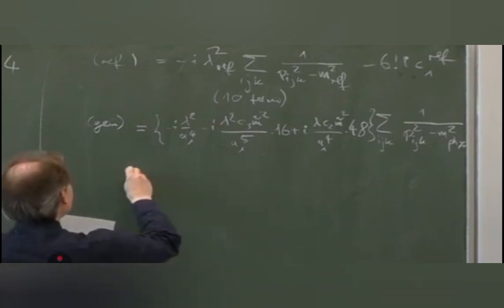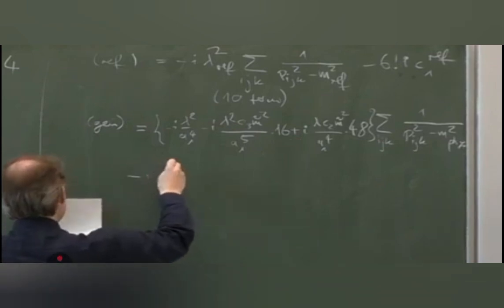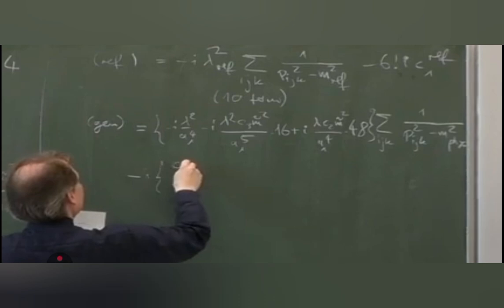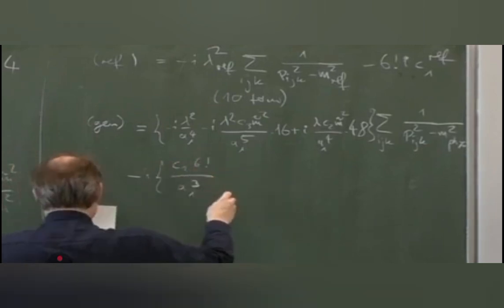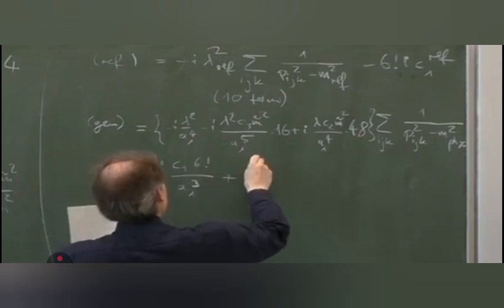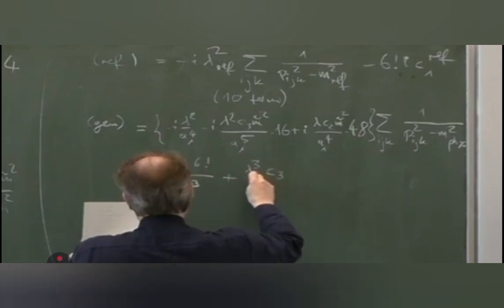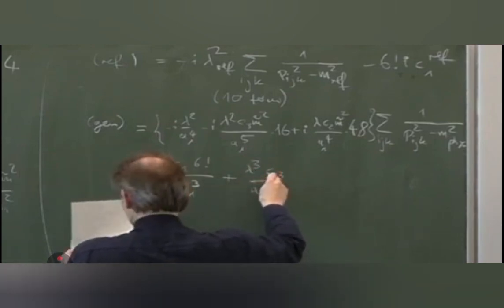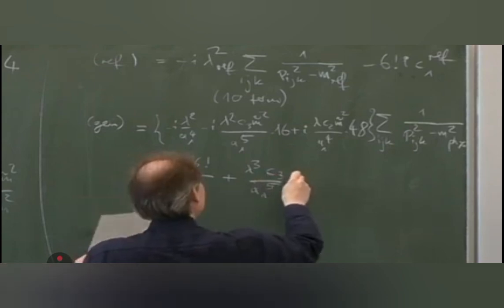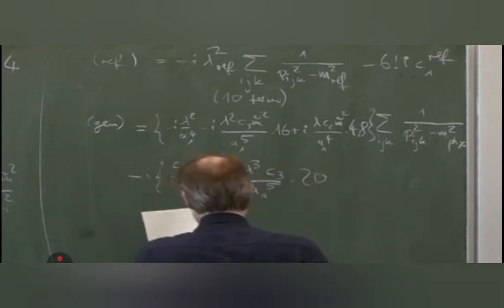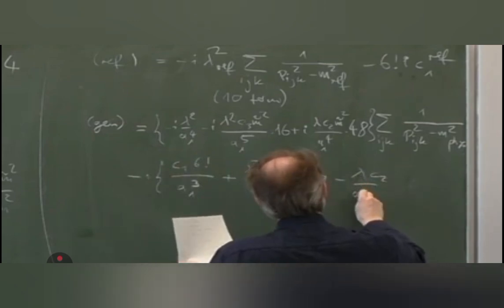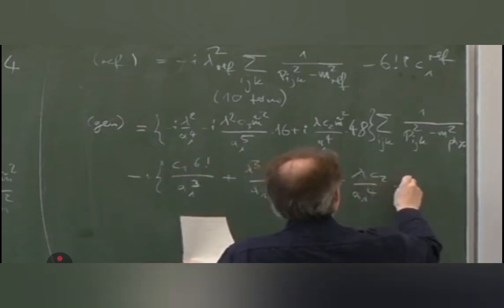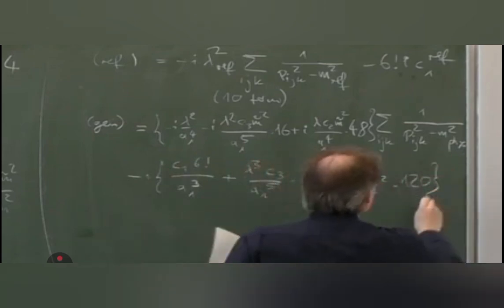momentum dependence, which has the following form: minus I times C1 times 6 factorial divided by A1 cube plus lambda cube C3 divided by A1 to the 5th power times the prefactor 20 minus lambda C2 divided by A1 to the 4th power times the prefactor 120.